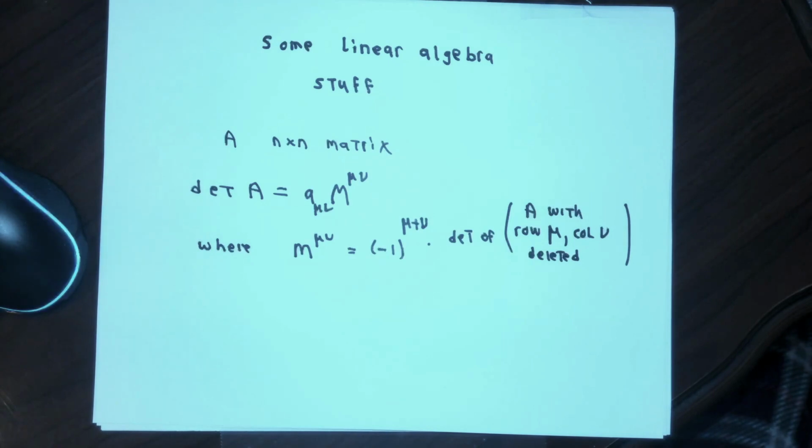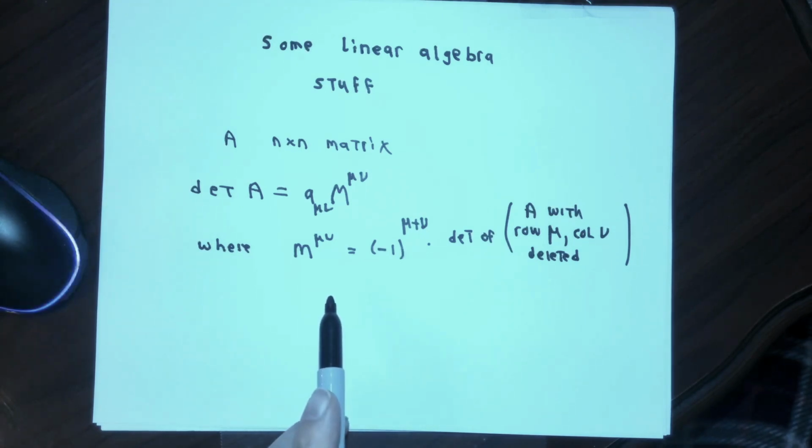It's going to be convenient for me to write out determinants of matrices. And for our purposes, in view of the way we've been representing things, it's going to be most convenient for me to make up a symbol, capital M, mu nu, for each choice of mu and nu.